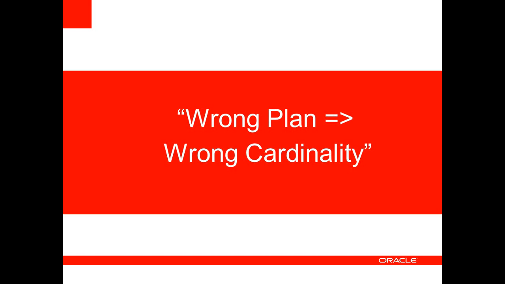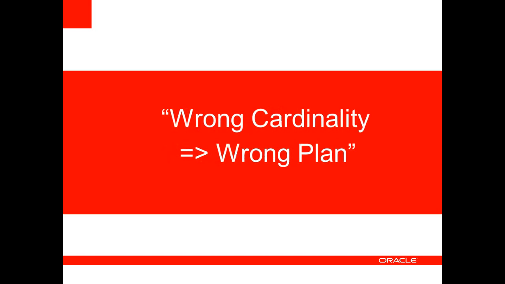There, because we had the wrong estimated cardinality, we came up with the wrong query plan. If we would have been able to guess 5 rows instead of 100,000, we would have come up with the right plan. Another way of putting this is, if you have the wrong cardinality, odds are you have the wrong query plan.